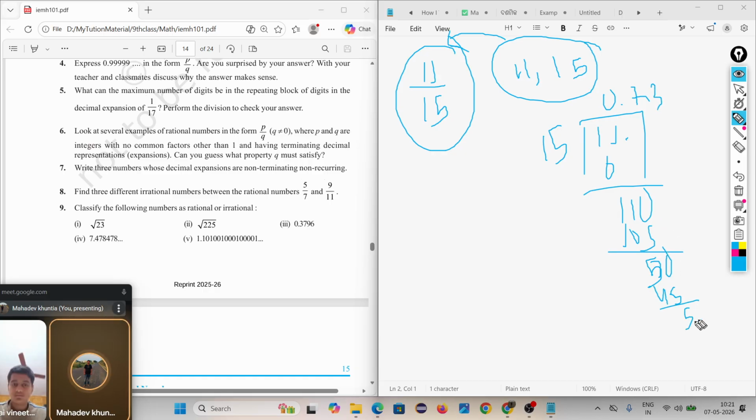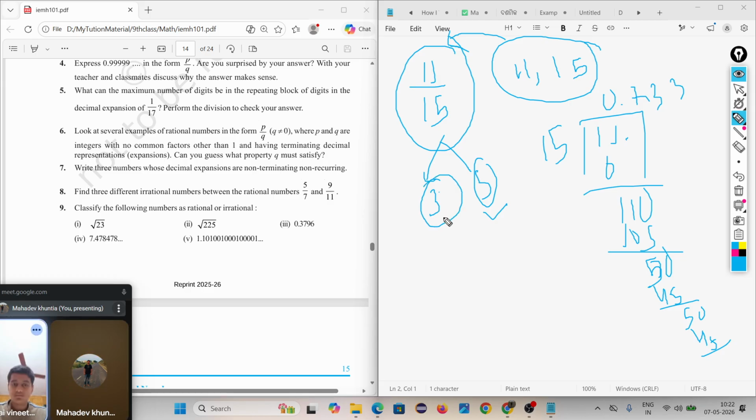Look, the pattern is repeating now. Why will you get non-terminating here? Because the factors of 15 are 3 and 5. 5 is there, but due to this 3, it is not only 5, only 2, or both 2 and 5. But here 3 is there, na? That's why.